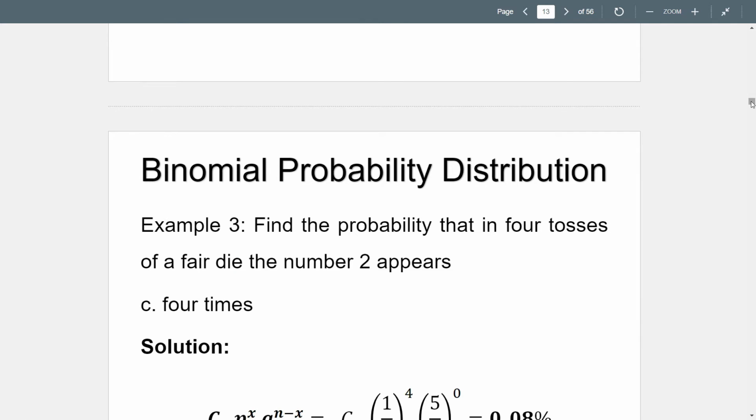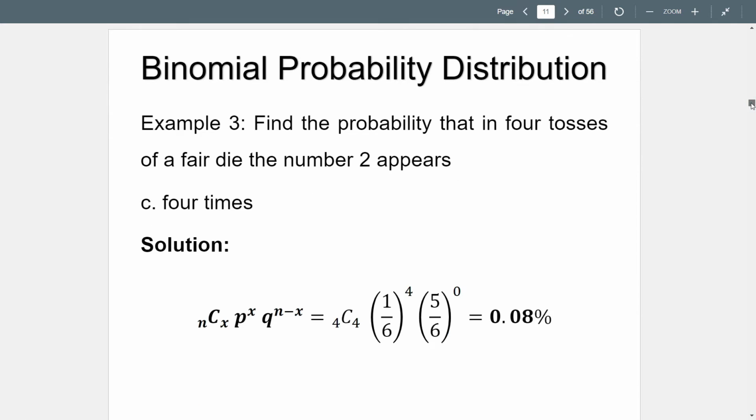So moving forward with our example 3. Find the probability that in 4 tosses of a pair of dice, the number 2 appears 4 times. Okay, so n is 4, x is 4. The probability that 2 will appear is 1 over 6, and the probability of failure will be 5 out of 6.